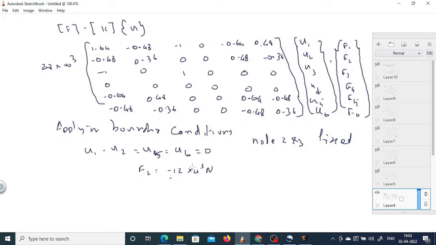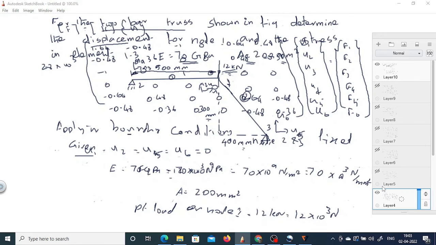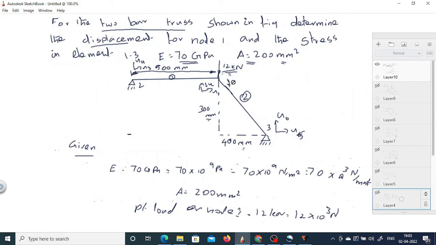Why do I utilize minus here? The point load acted in the downward position, so I utilize the negative sign. So these two displacements are available: one is horizontal u1 and the other vertical u2, so here I consider F2 only, not F1.